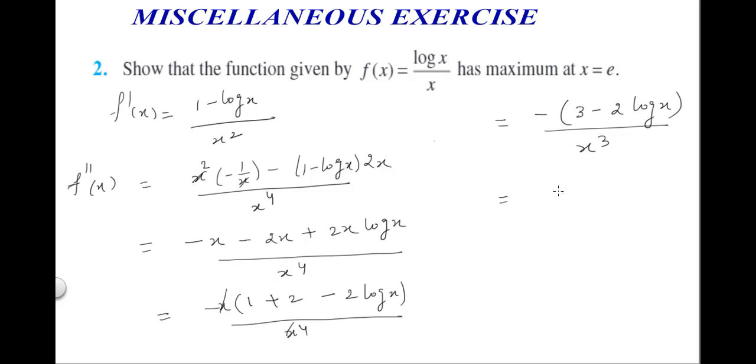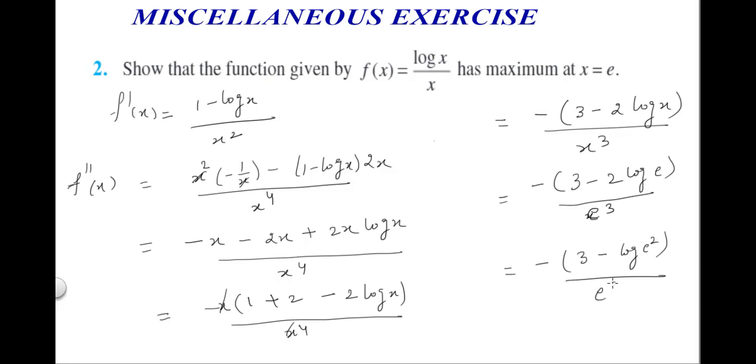So we get minus 3 minus 2 log e divided by e cube, correct? Or we can write it as minus 3 minus log of e square divided by e cube. Now this is going to be positive, and because of this negative sign, the whole thing will be negative, so it will be less than 0.